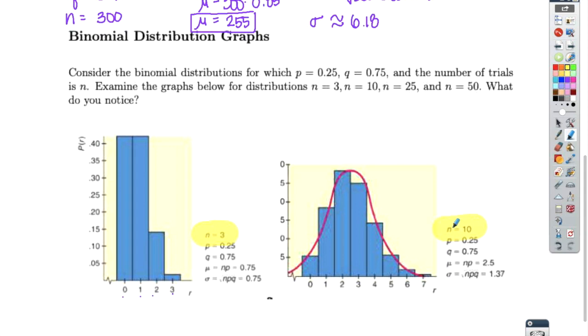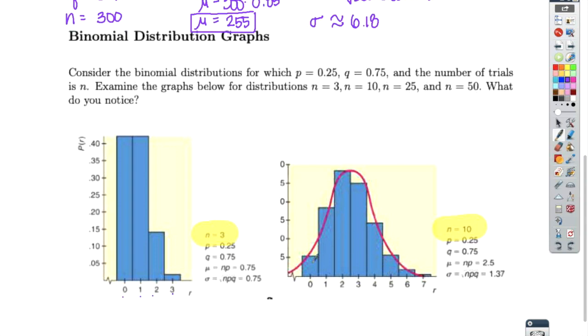When the number of trials is 10, well, now the shape might start to look a little bit more familiar to you. This looks a little bit more normal. Now, I wouldn't say it's perfectly normal, but it definitely has a normal-ish shape, meaning that it's mostly symmetric.